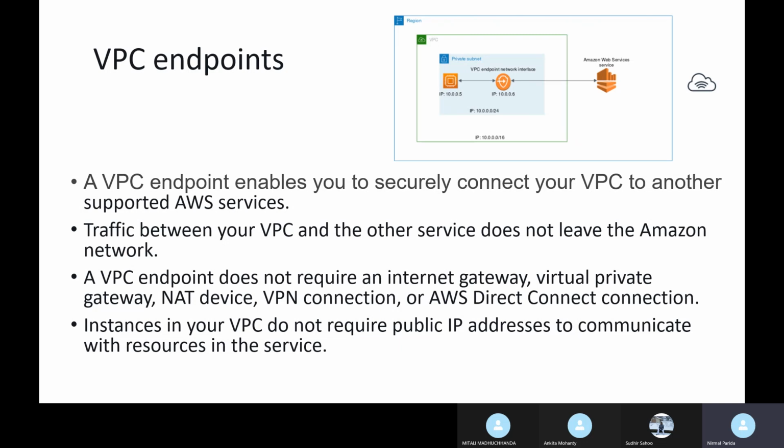For that, there is a concept called VPC endpoints. VPC endpoint means you will directly connect your instance to another service, and those are in a private connection. Your connection will be in Gbps. So your connection is very fast. Maybe 100 to 1000 Gbps connection speed will be there for your VPC endpoints.